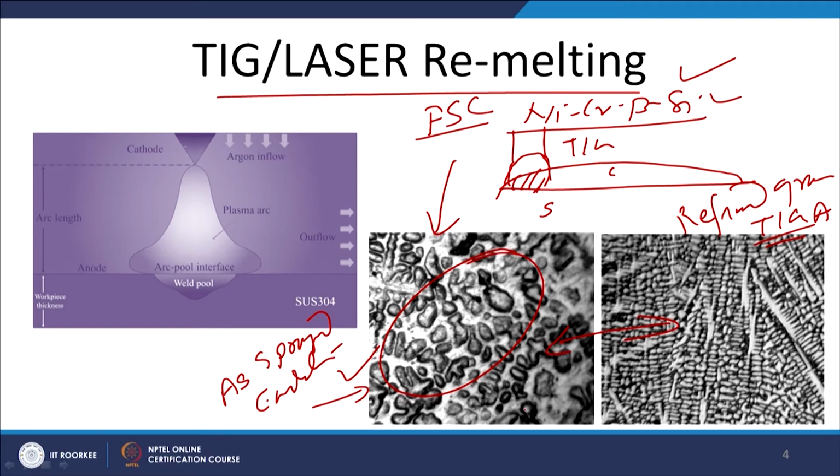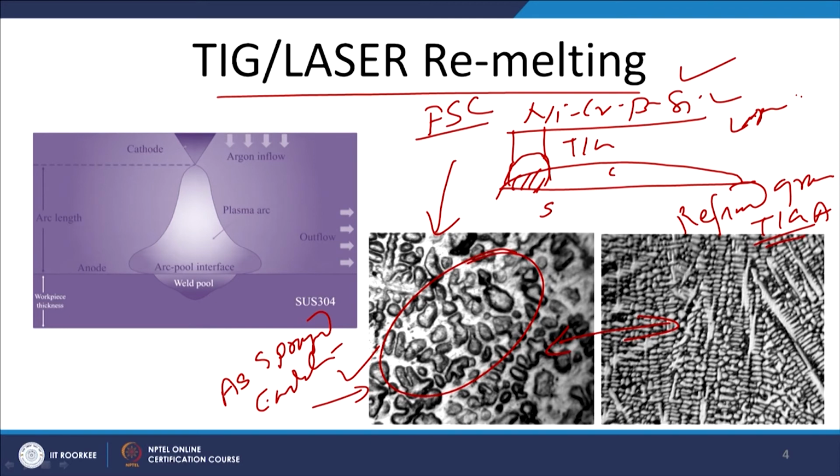Apart from this, if laser is used, laser has a further higher energy density, and further higher energy density will lead to higher cooling rates. So, that will lead to further refined grain structures and improved mechanical properties.